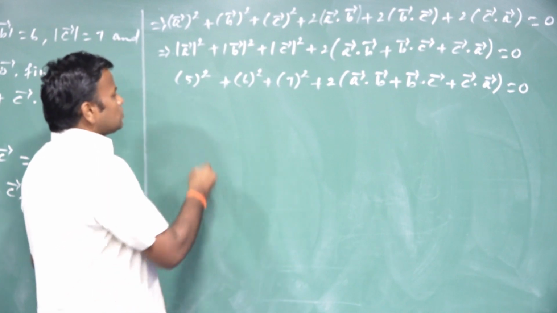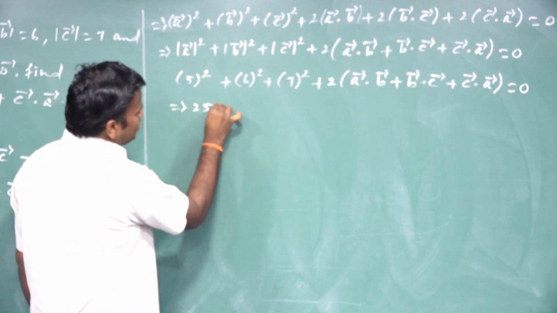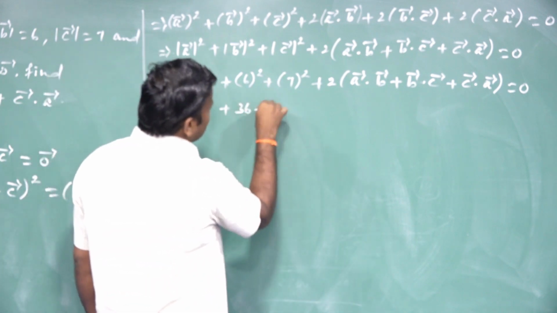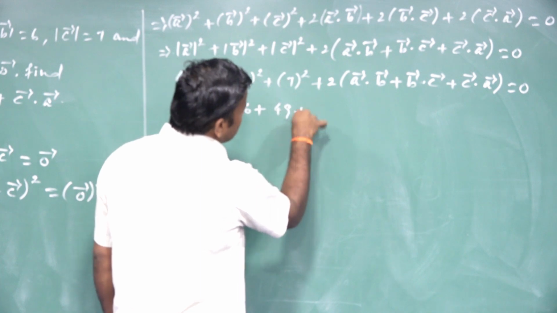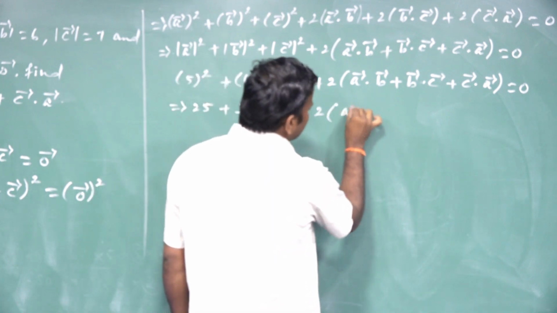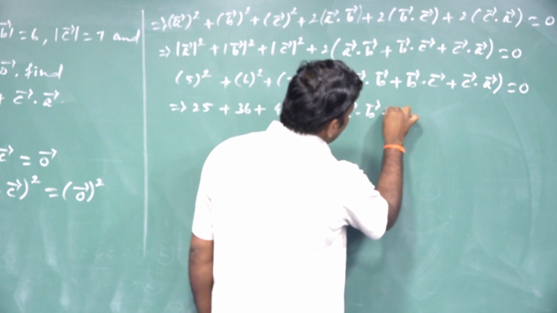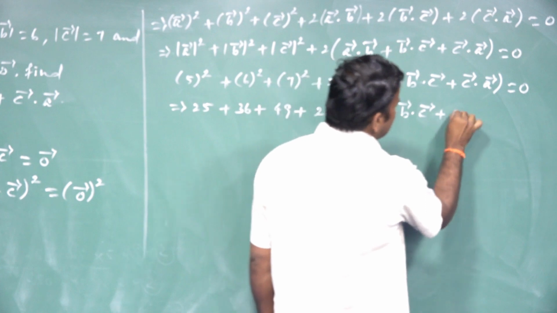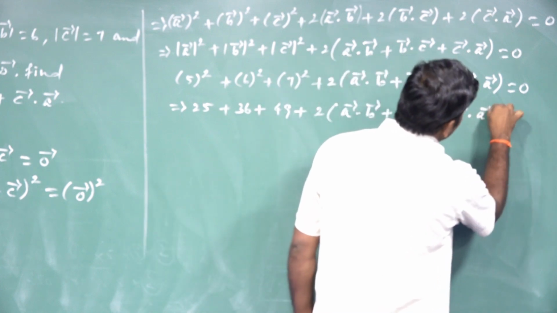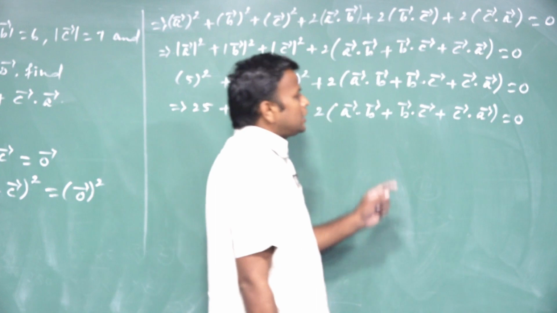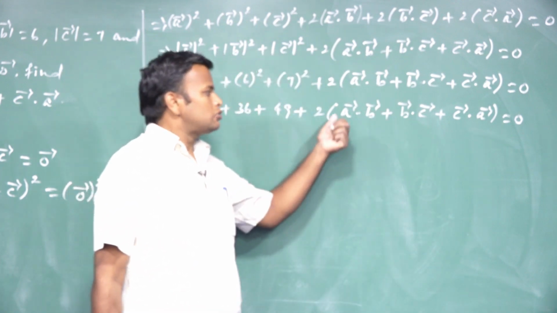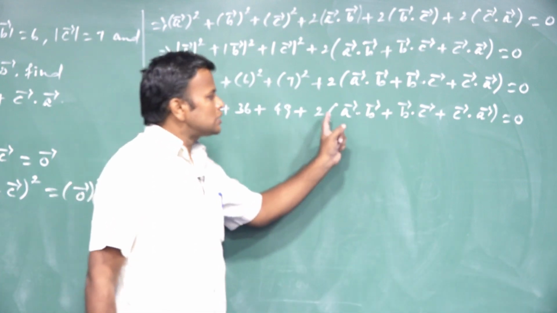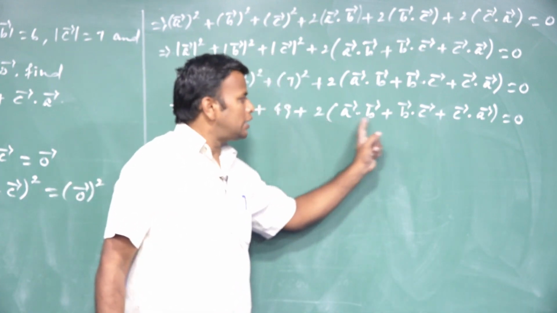The value of 5 square is 25, plus the value of 6 square, 36, plus the value of 7 square is 49, plus 2 of A dot B plus B dot C plus C dot A. You write it in vector symbol, but in reading we should read it as A vector dot B vector. So it is our required answer. We need that value only.